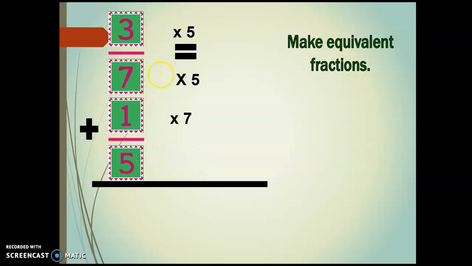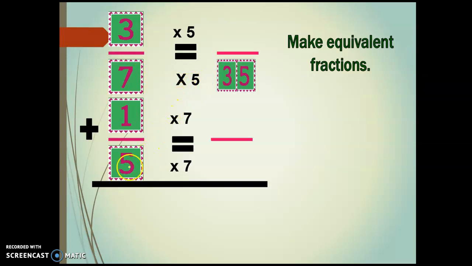So here, we multiply with the numerator and denominator. And then, to check if they have the same denominator, 7 times 5 is 35. 5 times 7 is 35. Then 3 times 5 is 15. 1 times 7 is 7.